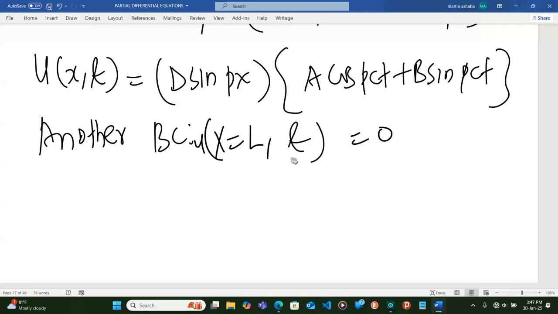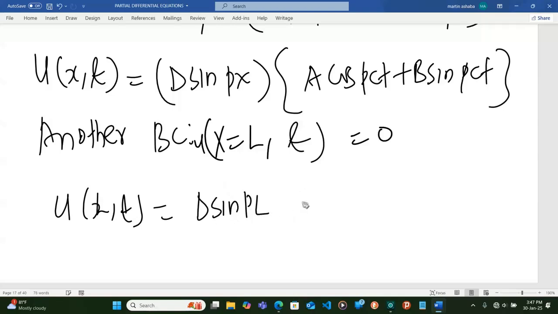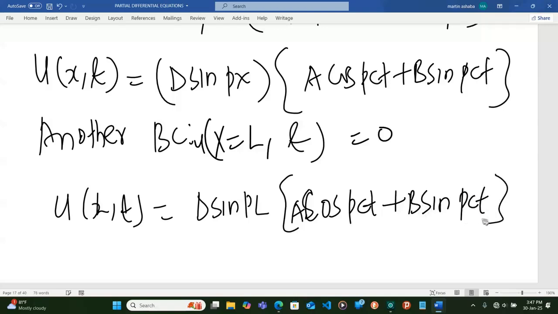So if we put in our 0 here, we would have u(l) is going to be d sine pl, then a cos pct plus b sine pct, okay? And this is equal to 0.